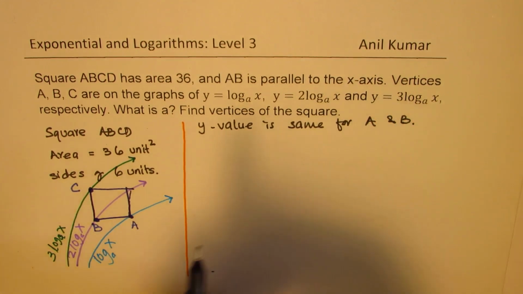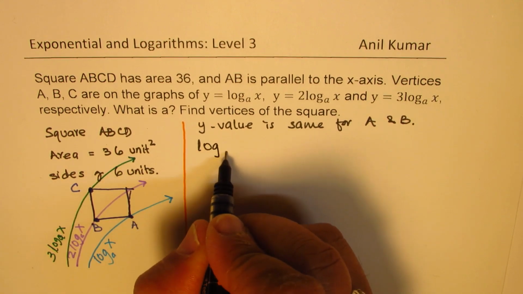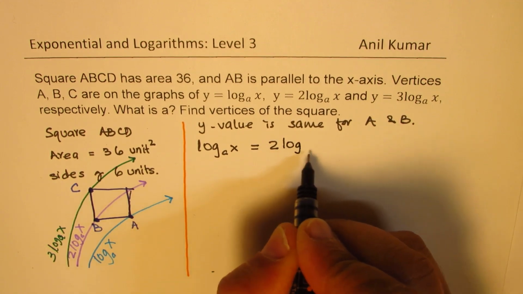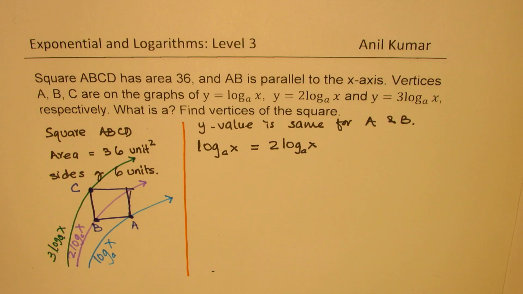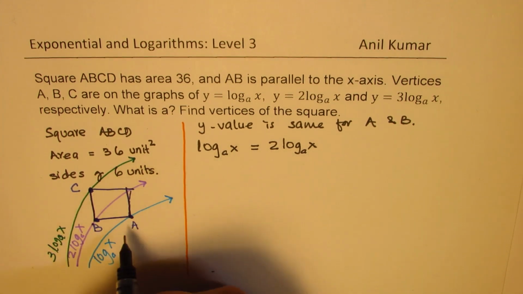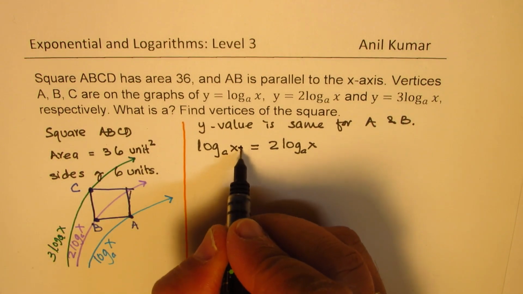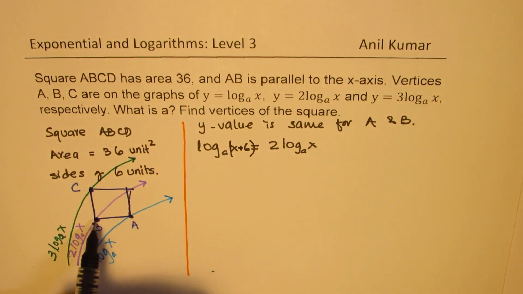So that means that we can equate log to the base a of x to 2 times log to the base a of x and find the x value, right? In fact, this point here is not at x. This is at x plus 6, right? Since A and B are 6 units away, right?